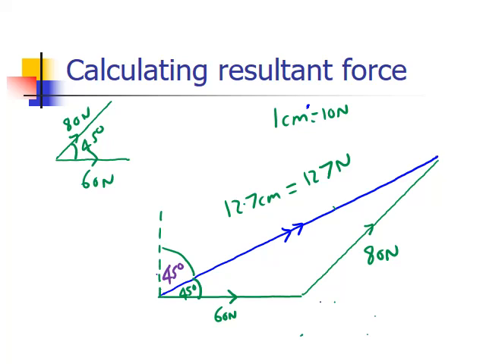Okay, so we've got our answer: 127 newtons at 45 degrees. It's important that you use a ruler and a protractor, and I would use squared paper, or graph paper, to make your result the most accurate that you can.